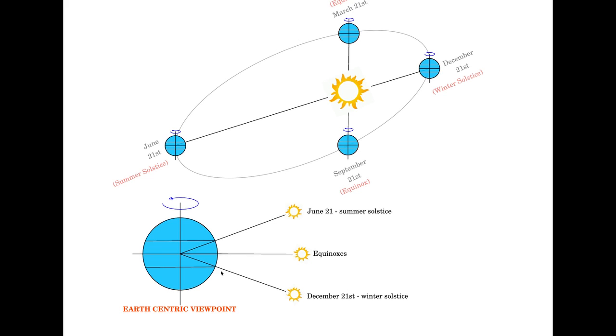So for a person standing on the Earth, let us say a person standing here on the equator, it would appear as though the Sun is moving in this fashion annually.